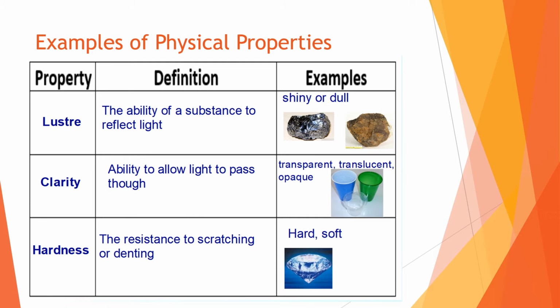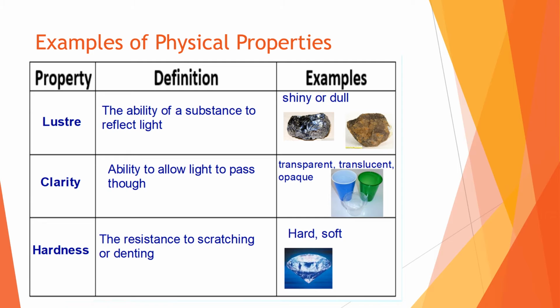Okay, next we have luster. So the ability of a substance to reflect light. So we use characteristic words or descriptive words here. For luster, we use shiny or dull. So if something has the ability to reflect a lot of light or reflect light well, that's going to be something that's shiny, versus something that doesn't have the ability to reflect light, that's going to be something that's dull.